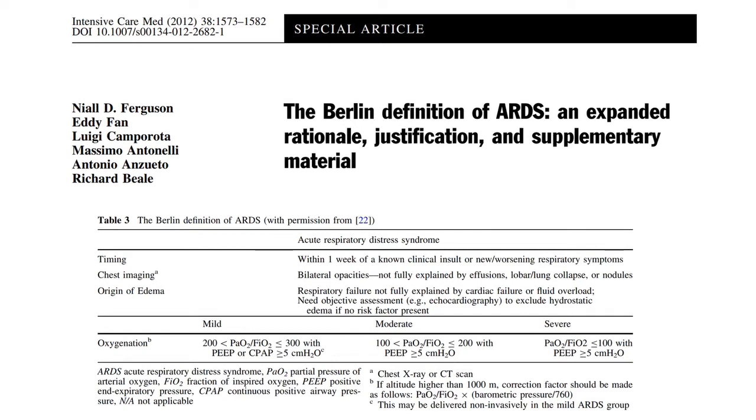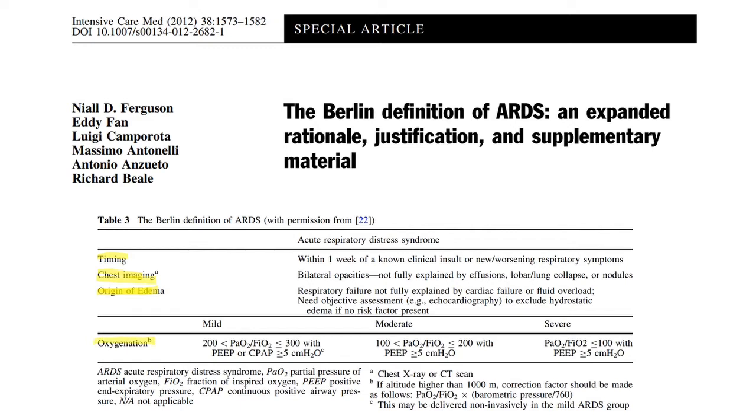In 2012, the Berlin definition, which is the latest definition that we have till now, was similar to the previous definition with some minimal changes. They addressed some items, including the timing, imaging, origin of edema to exclude a cardiac cause, and the level of oxygenation.